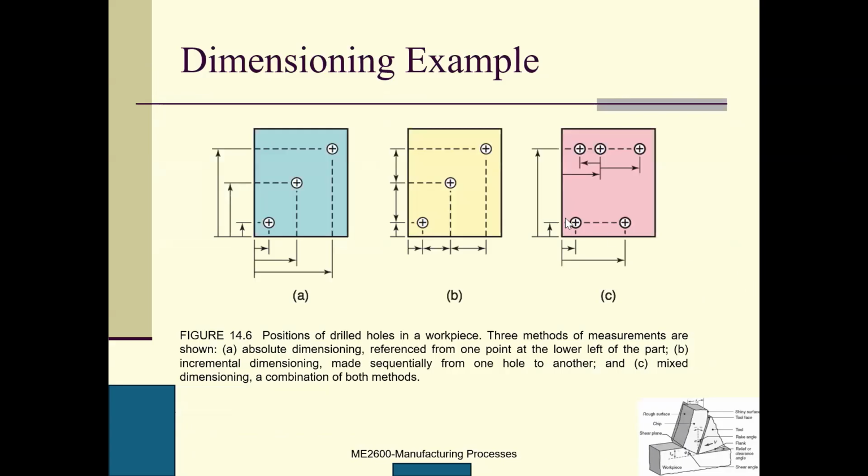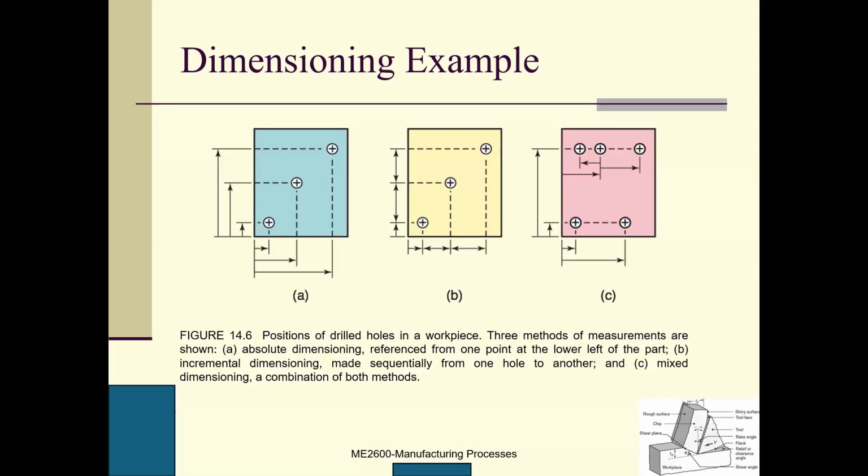So this is dimensioning, imagine an example. These are the positions of the holes in a workpiece. We have three methods of measurement used. First one, absolute dimensioning, with the reference from one point as the zero point.